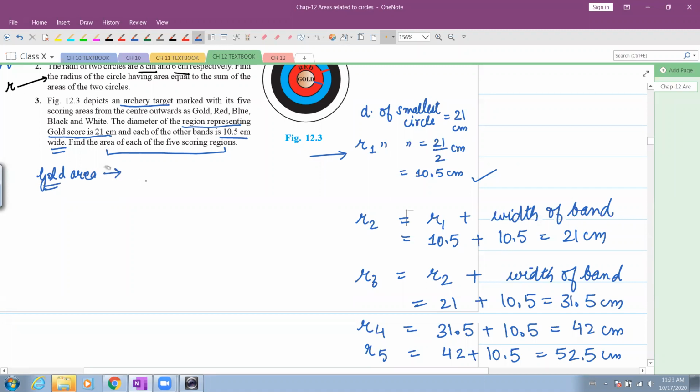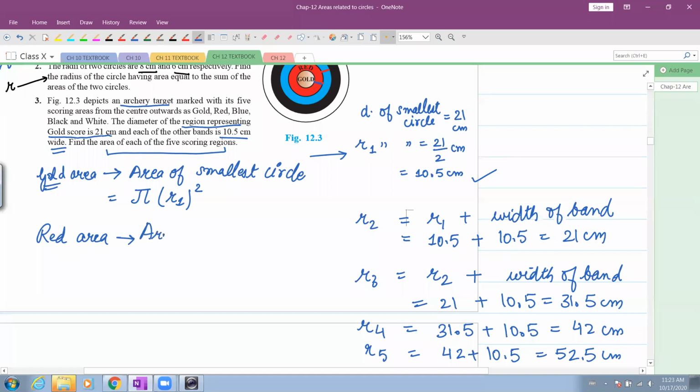Gold area. This is actually the area of the smallest circle, and this will be given by pi r1 square. What do you think about the red one? This will be given by the area of the second circle minus the area of the first circle.